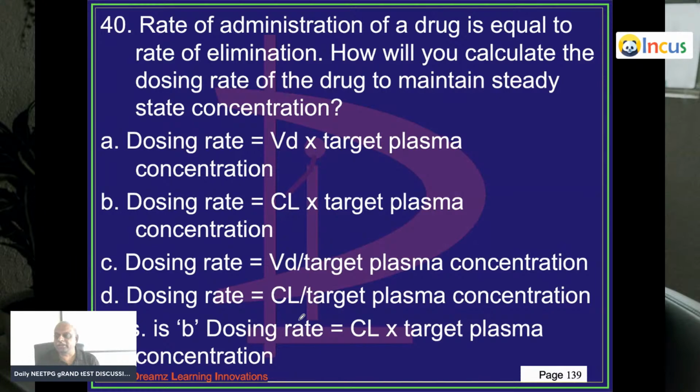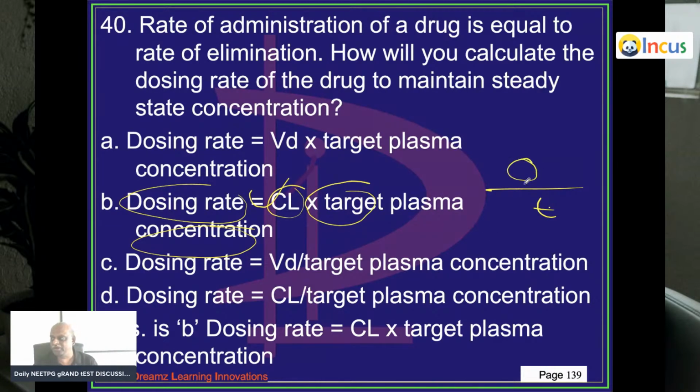So what is the dosing rate? Dosing rate is clearance into target plasma concentration. Clearance rate, what is in the denominator? Time. Amount cleared in unit time. Rate also, what is in the denominator? Time.